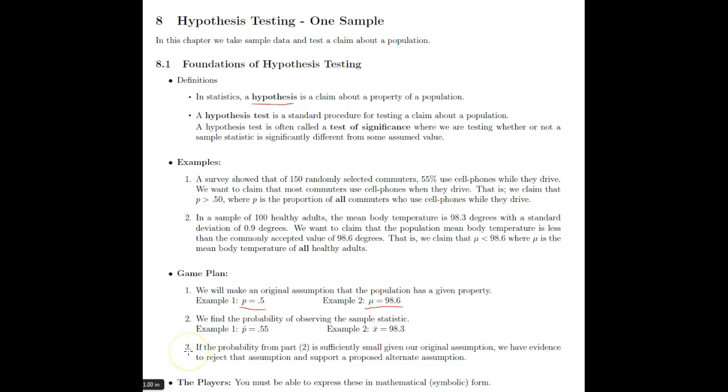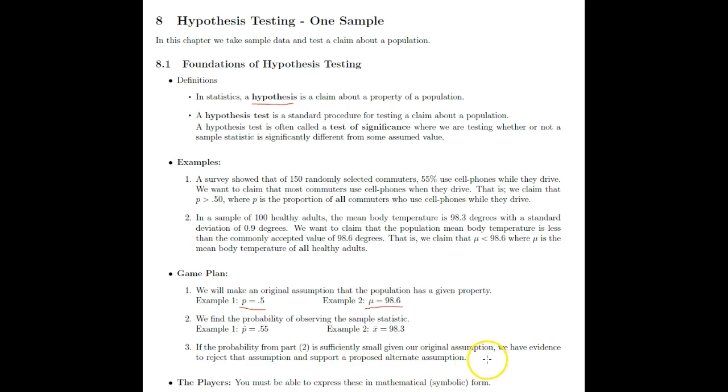So step 3 in the game plan basically states what I just said: if the probability from part 2 is sufficiently small, given our original assumption, we have evidence to reject that original assumption and then support the proposed alternate assumption.